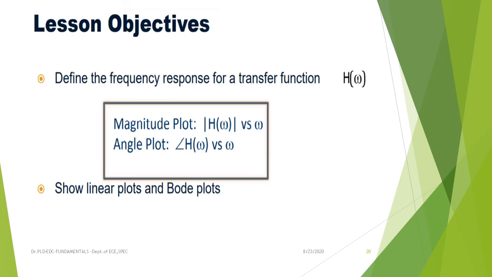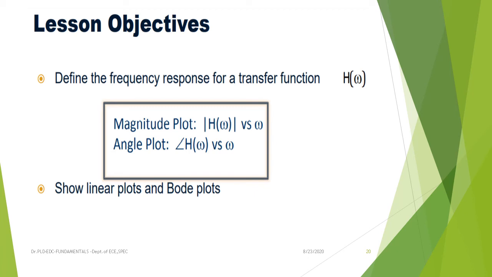Then how are we going to draw the frequency responses of these transfer functions? You can observe here the magnitude plot as well as the angle plot. We are going to plot these two types of graphs. One is the magnitude plot, that is mod of H(omega) versus the angular frequency omega on the x-axis.